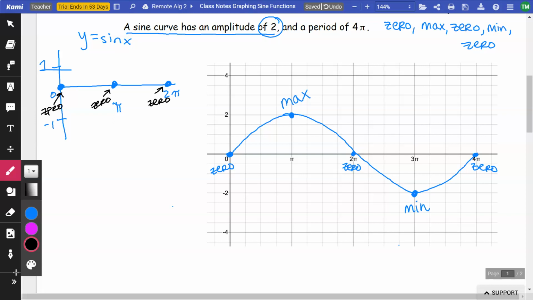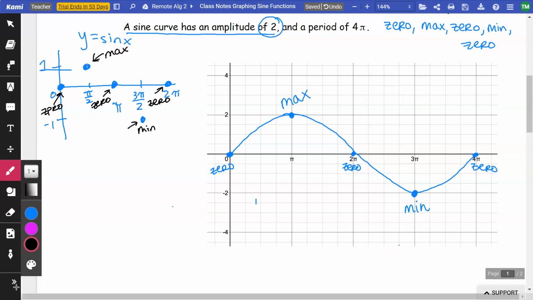Then the maximum of this graph happened halfway between 0 and pi, and it happened at 1. Well, halfway between 0 and pi is pi over 2. And there's your max. Then halfway between pi and 2 pi is 3 pi over 2. And then we had our minimum happen at -1.